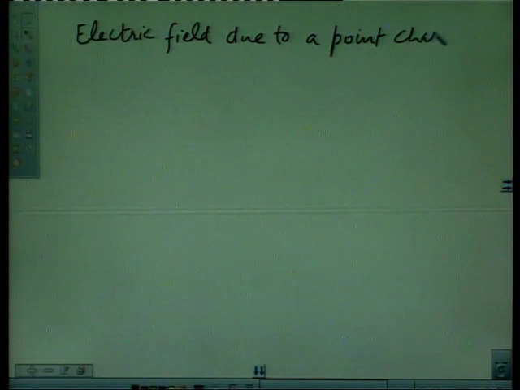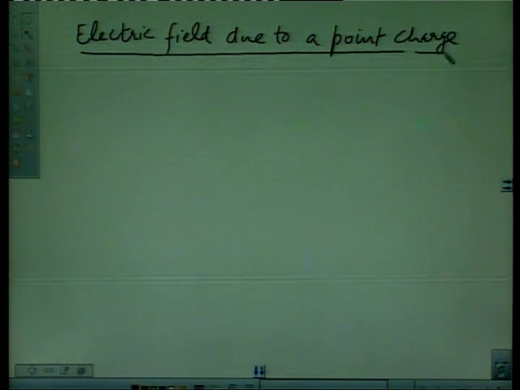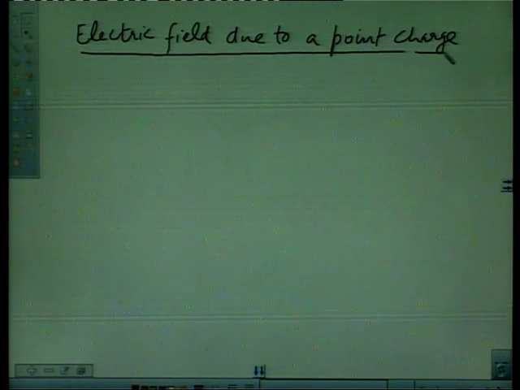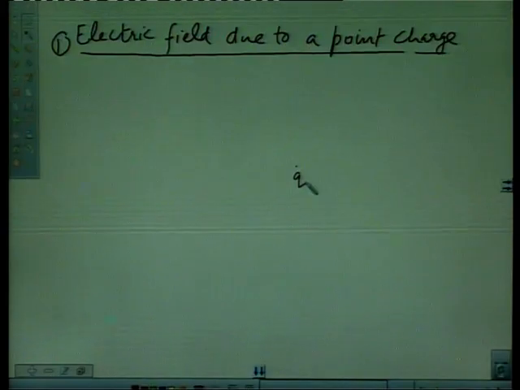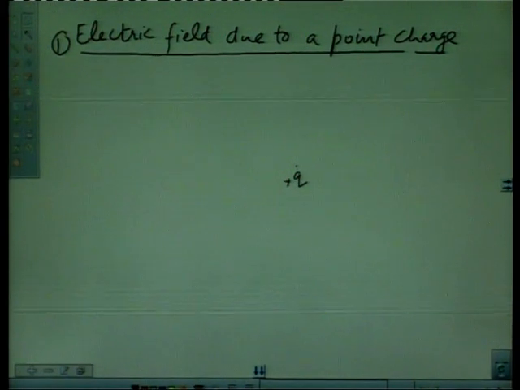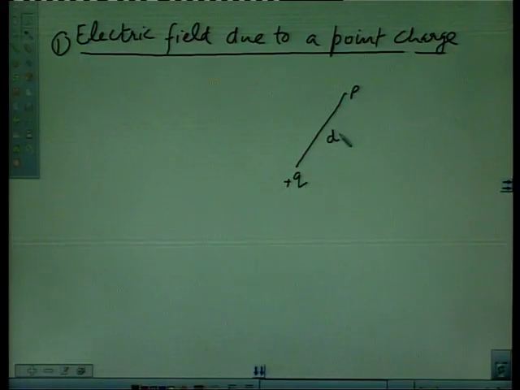This is the second application with which we can find the electric fields due to various charges. Let us suppose we have a given point charge q, which is positive charge, located at a given point. Now, we will find its electric field at any given point P. The point P is at a distance d from the charge q.